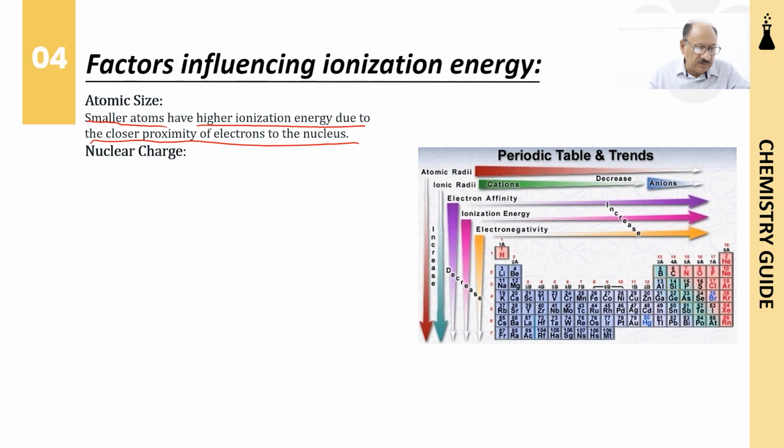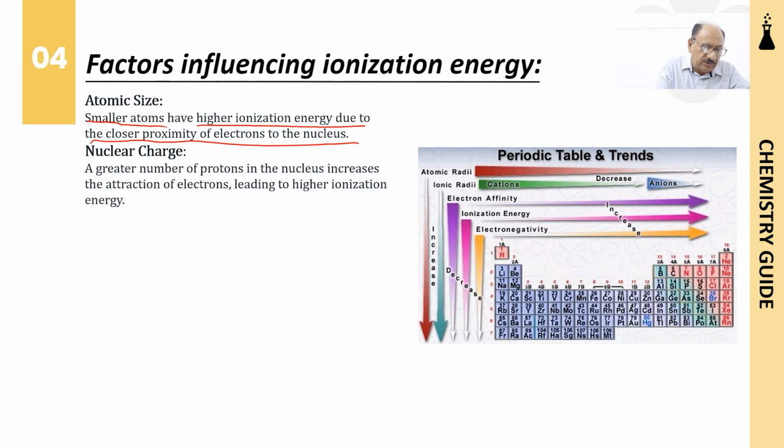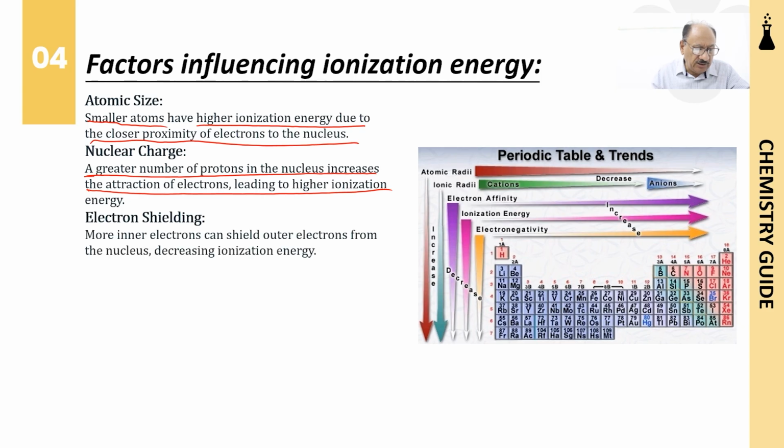Then the second thing is nuclear charge. If the charge inside the nucleus is more, it means the number of protons is more, then the nuclear attraction will increase, and this will lead to higher ionization energy. The third factor is electron shielding. Shielding is like hindrance from the electrons.